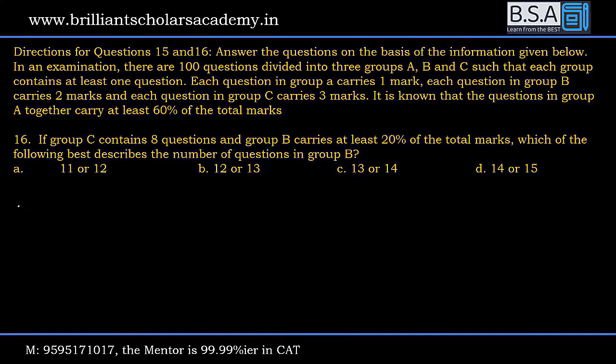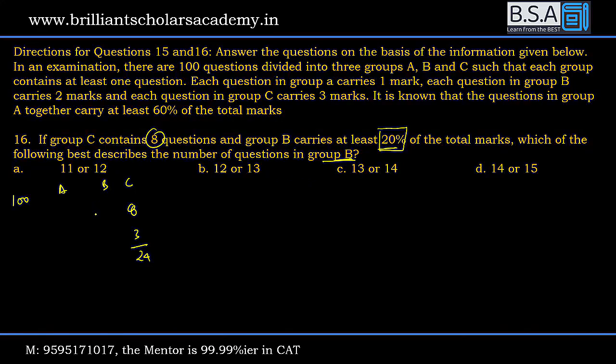I will again start in a similar manner. There are 100 questions in A, B, and C. C contains 8 questions, 3 marks each, 24 marks. B carries at least 20% of the marks. Which of the following best describes the number of questions in group B?